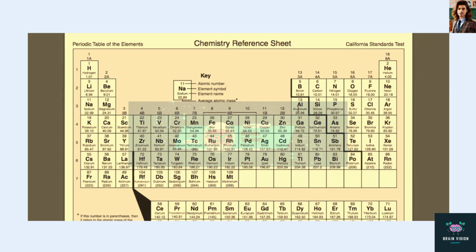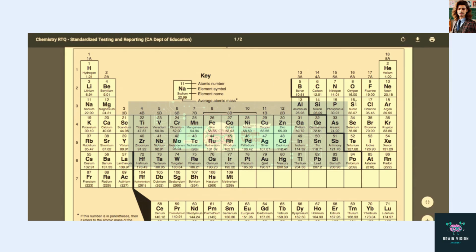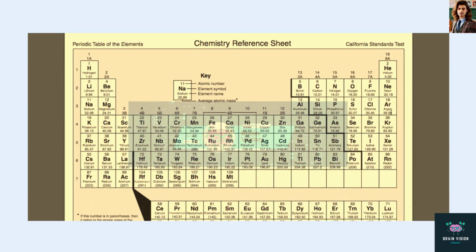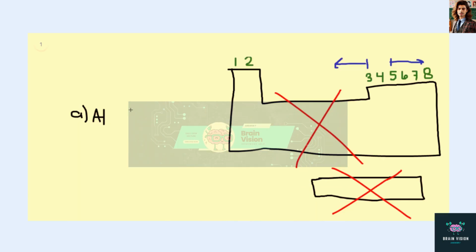So if we're here at aluminum, it's easier to lose 3 electrons and have 0 in energy level 3 than to gain 5 electrons and have 8 in energy level 3. So what we're going to do is identify this as 3 and say that it has 3 valence electrons and is more likely to lose electrons.